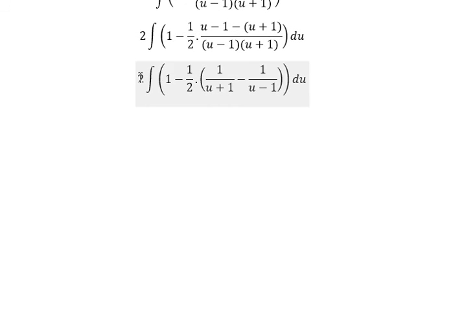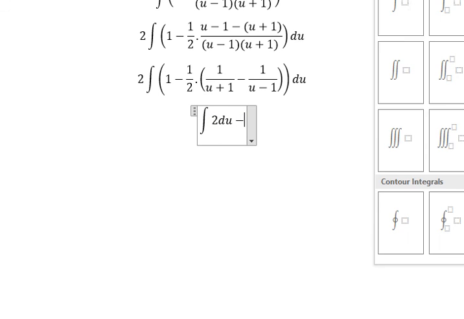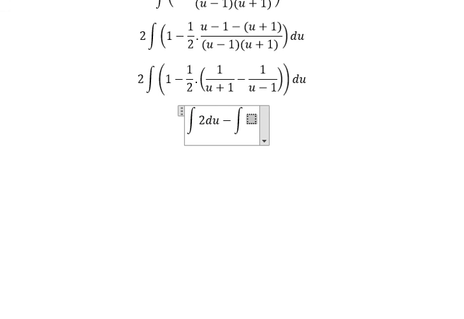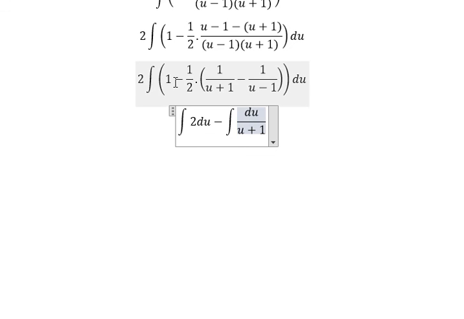So we have number 2 multiplied by 1 and 1 over 2. Because we have the negative here, you get positive.